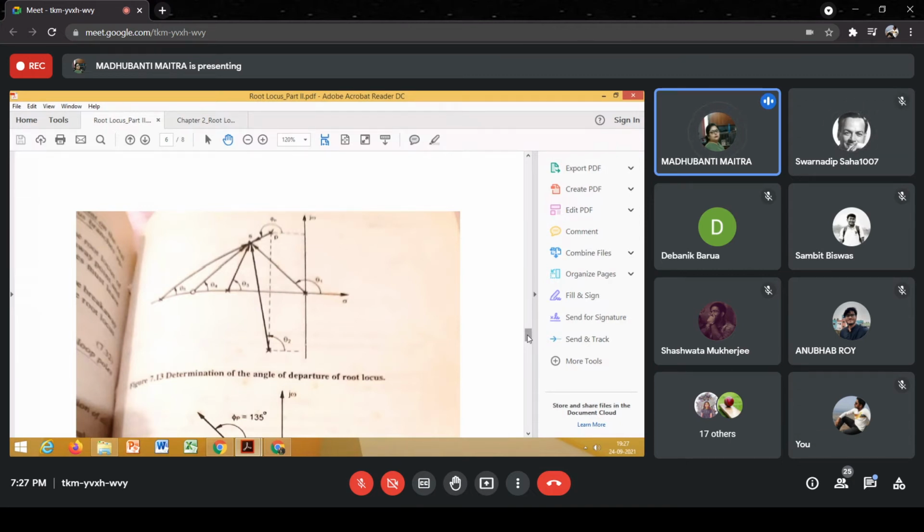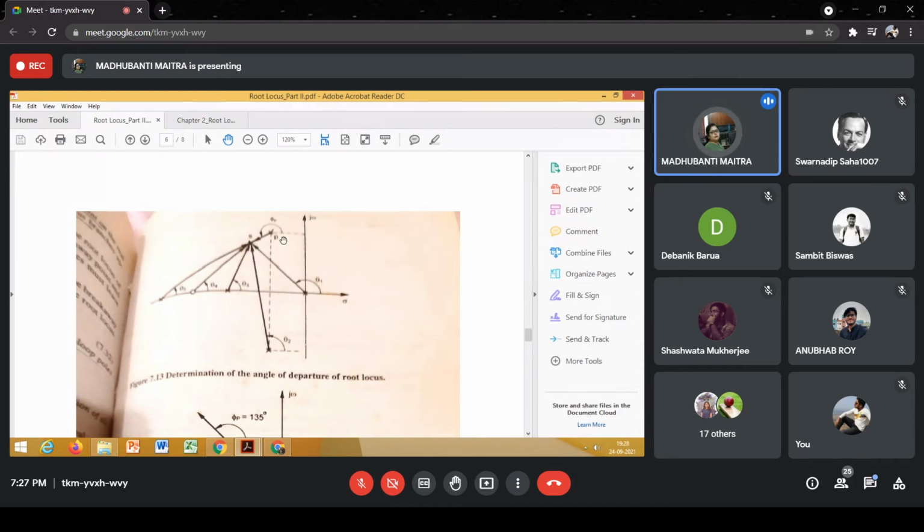Okay. Again, we'll refer to this figure. Let us assume that this is the open loop pole zero configuration for a given system. Here we have three real open loop poles, two complex conjugate poles, and one single real open loop zero.